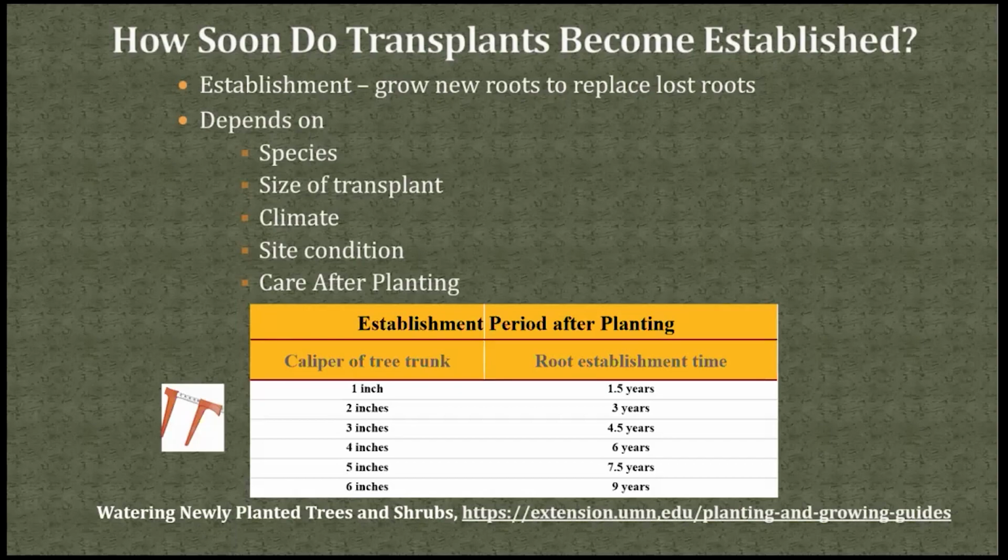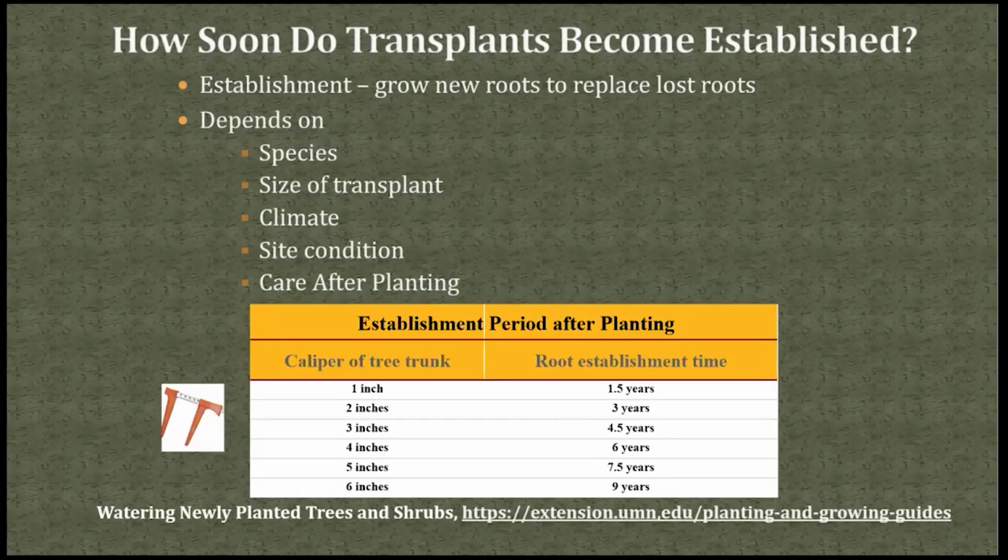As you can imagine, if we're talking about transplanting a little annual, that may be a day or two. And if we're talking about a large tree, that may be many, many years. Of course, it depends on species because there are genetic differences in how fast plants grow.